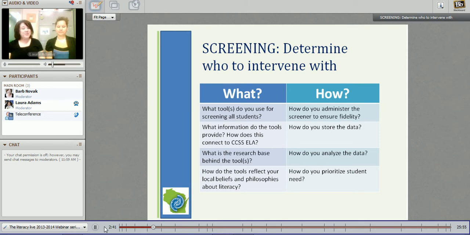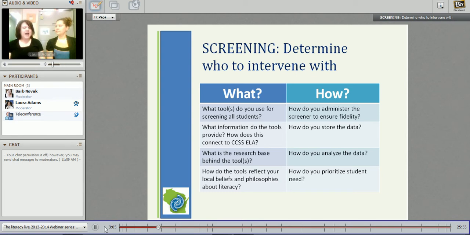If the goal is to improve learning for all students related to the Common Core State Standards for English Language Arts, it's important that the screening tools that you're measuring with are actually measuring things related to the standards. What's the research base behind the tool? How does the tool reflect what we know about the science of reading? How does the tool reflect what your local beliefs and philosophies are about literacy?